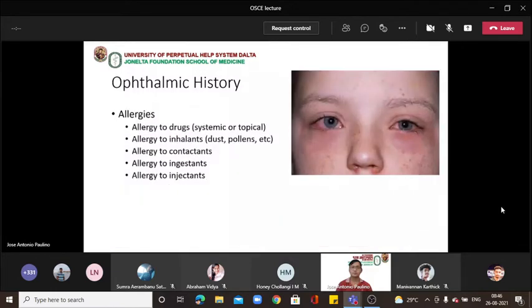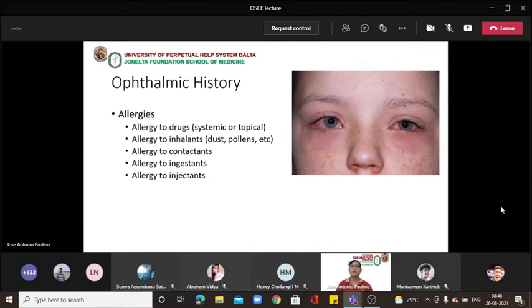We also have to ask for histories of allergy. So as mentioned a while ago, patients with asthma and allergies can react with timolol or beta blockers. Also, since there are times that the patient will come to you because of eye redness and itchiness, you have to always associate that with possible allergies to dust, to inhalants, and contactants.